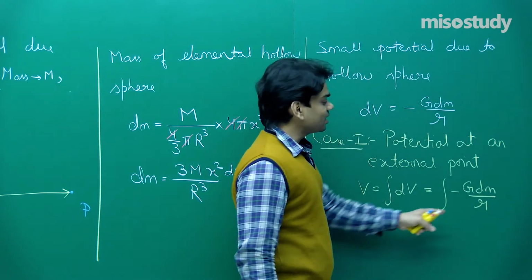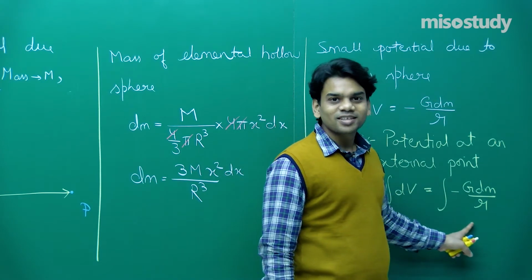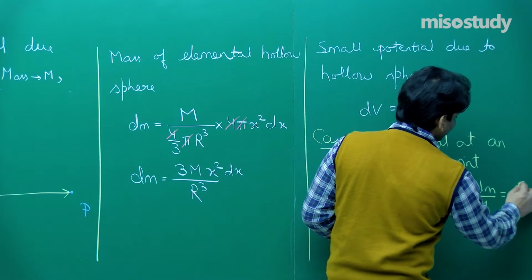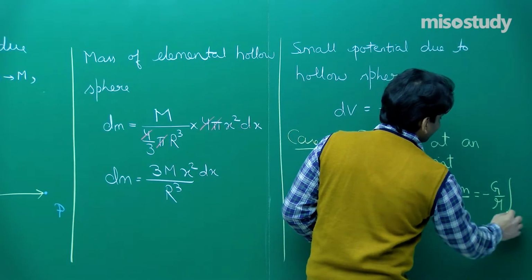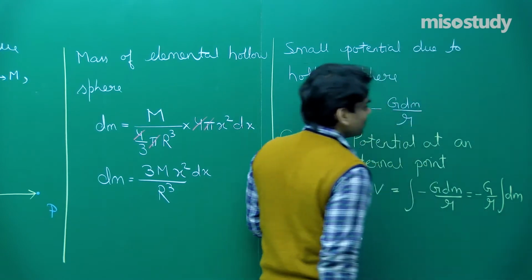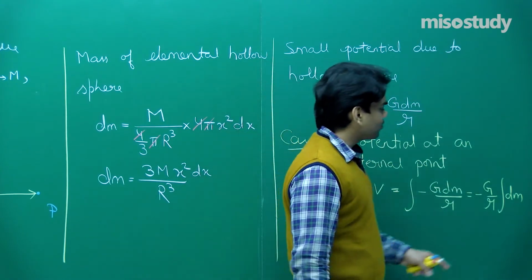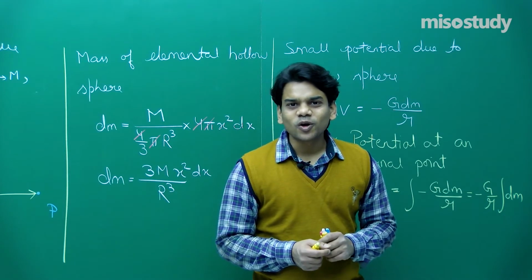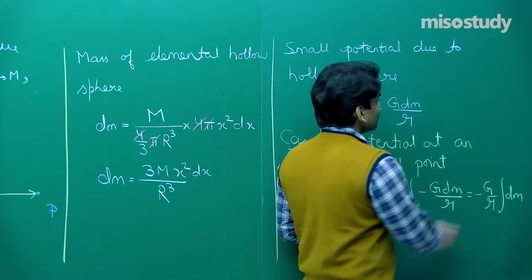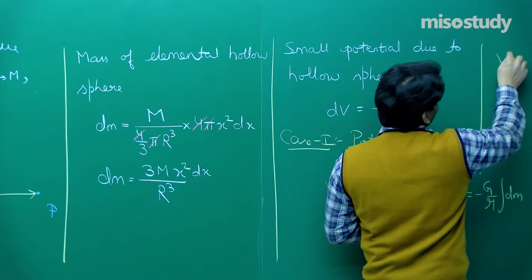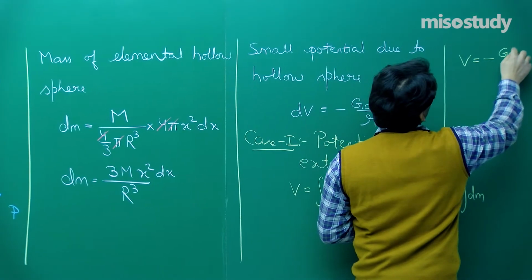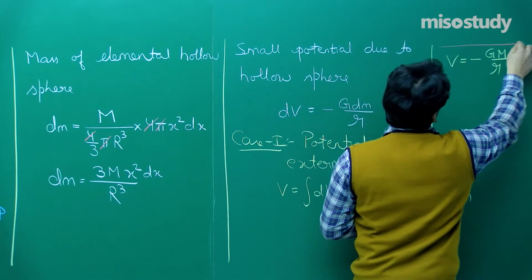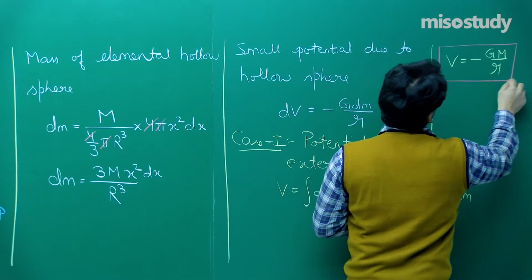Now you see here, G by r is constant, so you have to integrate dm. So we can write in very simple words, minus G by r integration of dm. G and r are constant. If you integrate the entire mass dm, you are going to get the total mass of the solid sphere, that is given as capital M. So the value of potential comes out to be minus GM by small r. This is the value of potential which we are going to obtain.